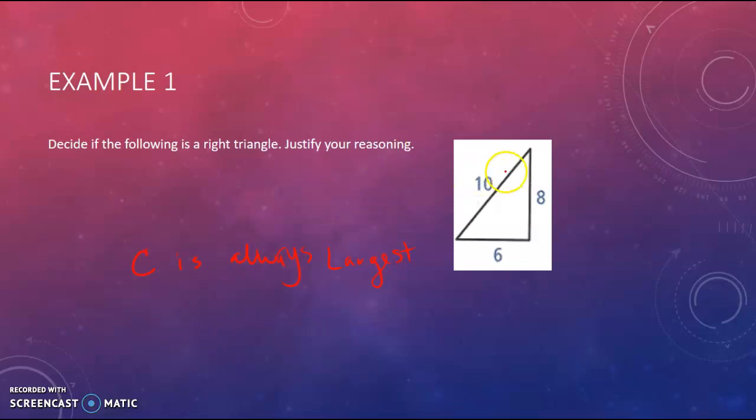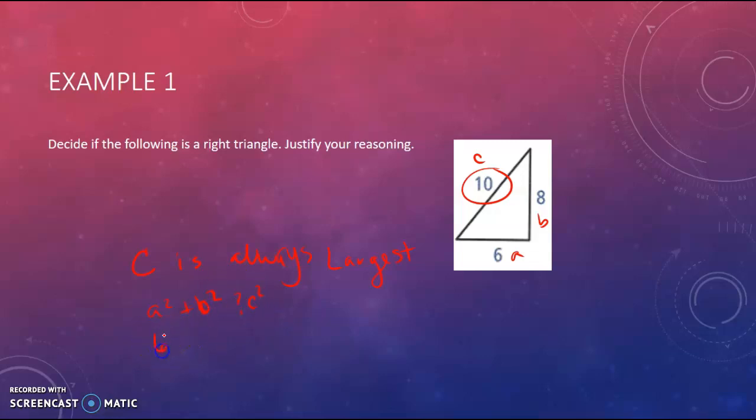So since this is my largest side, this is C. And from there, we'll call this A and that one B. So we're going to do A squared plus B squared, question mark, C squared. Is it equal?